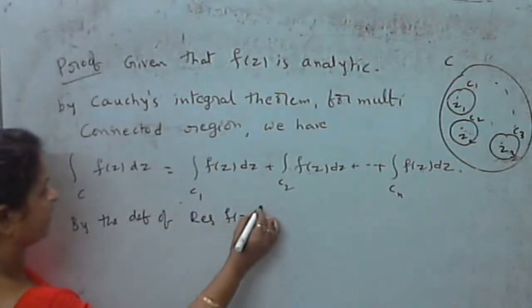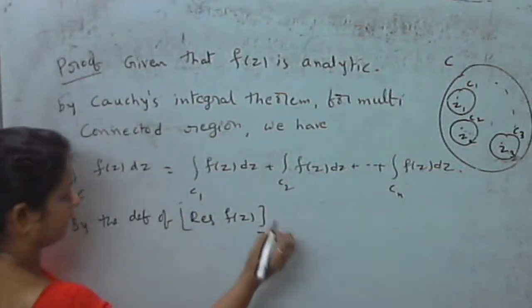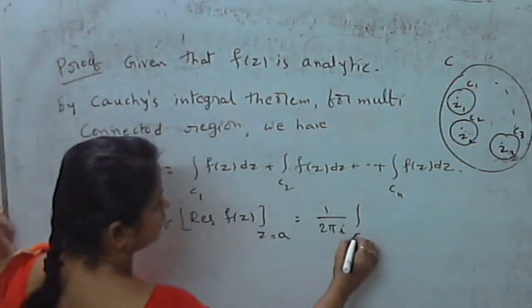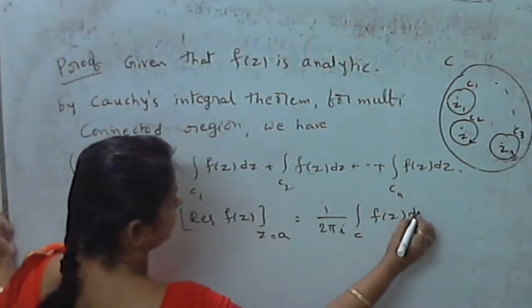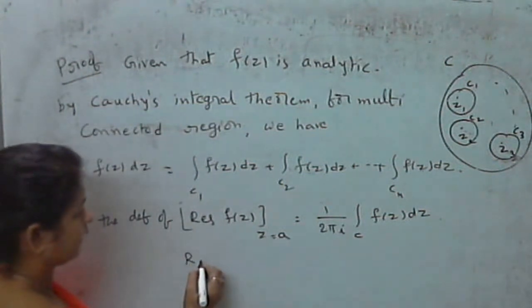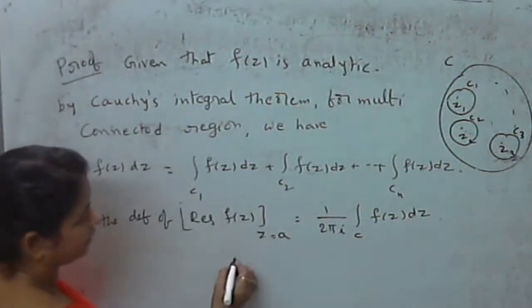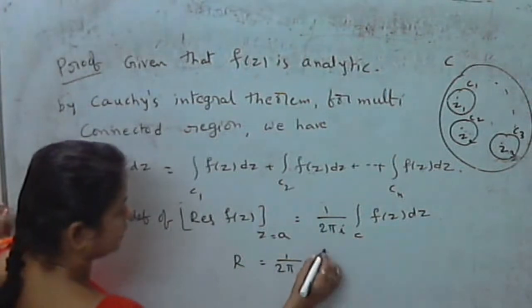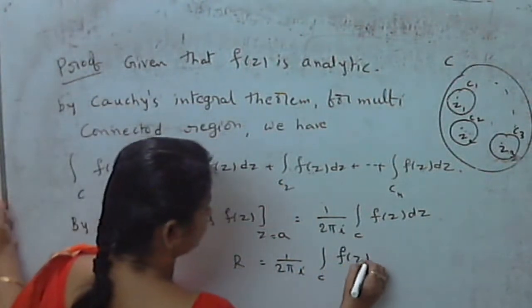residue of f(z) at z equal to a equals 1 by 2 pi i times the integral over C of f(z) dz. So residue r equals 1 by 2 pi i times the integral over C of f(z) dz.